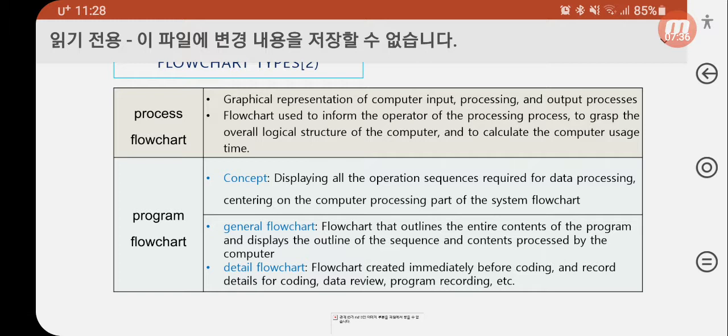One is the general flowchart, the other is the detailed flowchart. A general flowchart outlines the entire contents of the program and displays the outline of the sequence and contents processed by the computer. But a detailed flowchart is created immediately before coding and records details for coding, data review, and programming records.